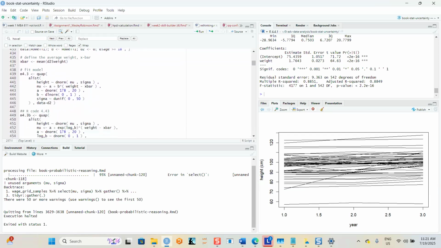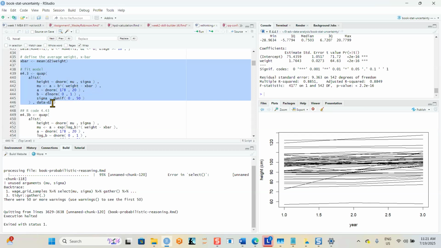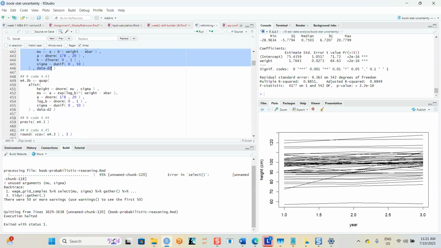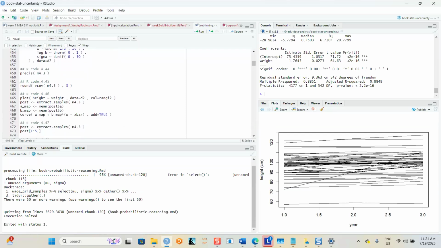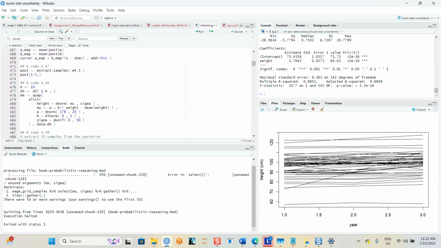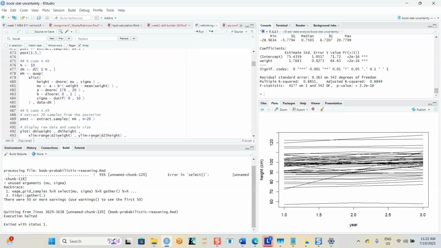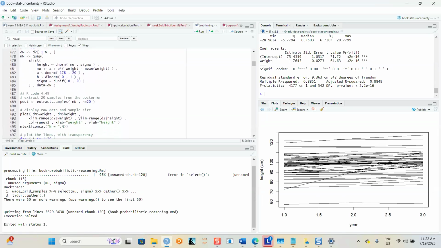And here's the model with X bar. Here's another model taking it out of the log normal. Exponentiate a log, then you get something else. And you go through all of these things. I just want to see that we're doing this the right way.